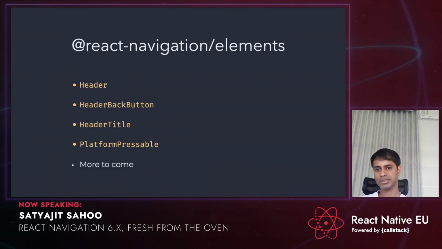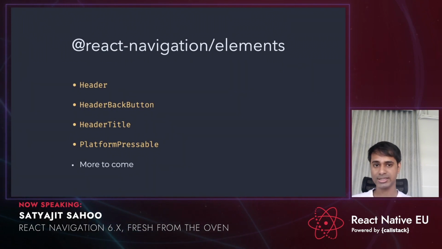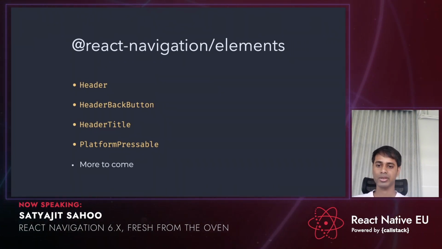So to make it more flexible, we also introduced a new library called React Navigation Elements. React Navigation Elements is a set of components and utilities that we use in React Navigation, but they're exported for use in any app or any library. If you're building a custom navigator, you can use these, or you can use them inside your app.